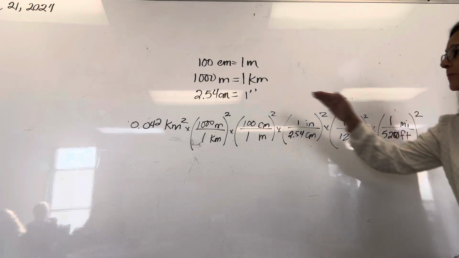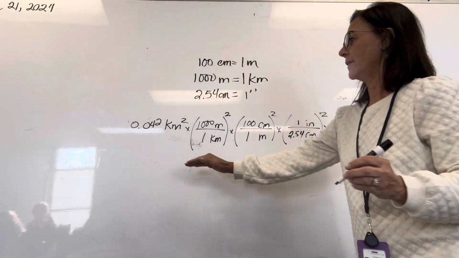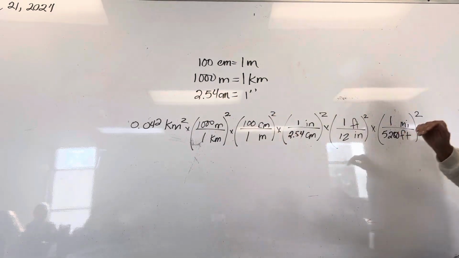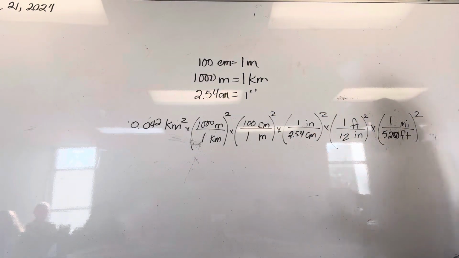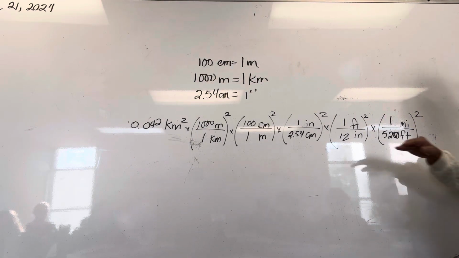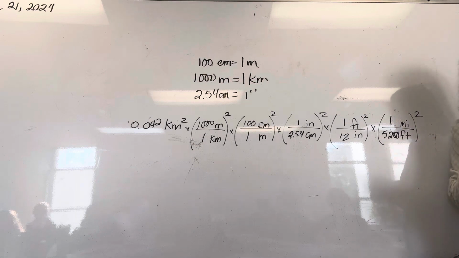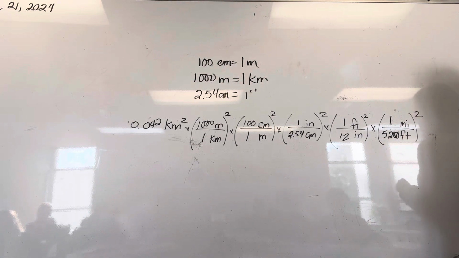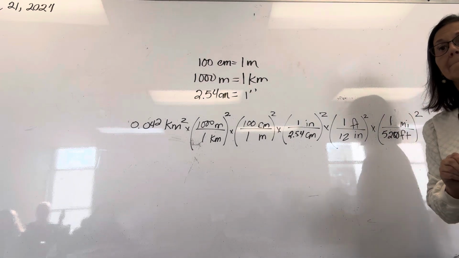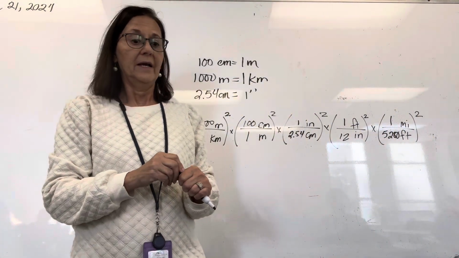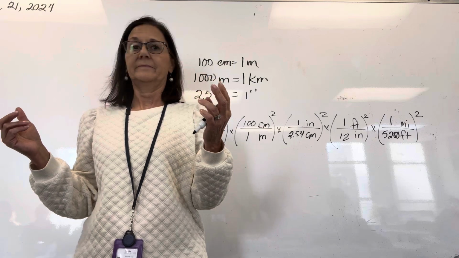And you just write your numerators over your denominators. 0.042 times 1,000 squared times 100 squared, all over 2.54 squared, 12 squared, times 5280 squared. Miles squared. This is the longest that they get. Not bad at all. You just have to know your unit multipliers, right? But you have to know them for chemistry.